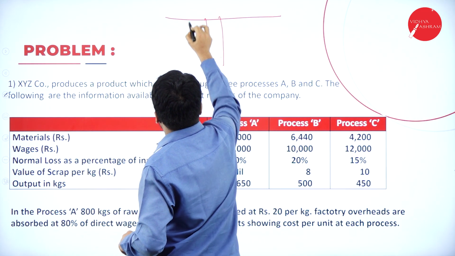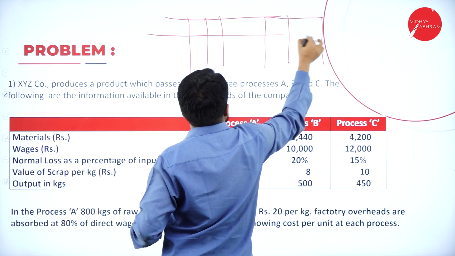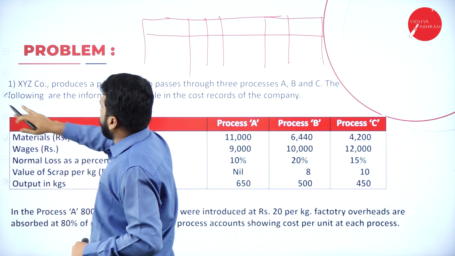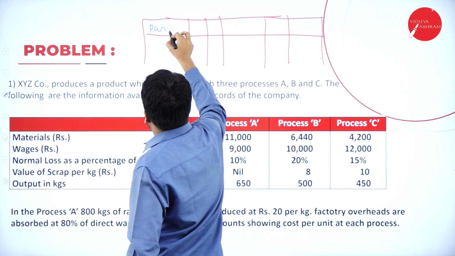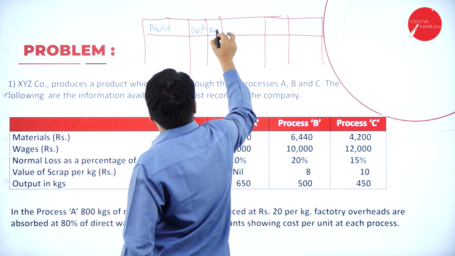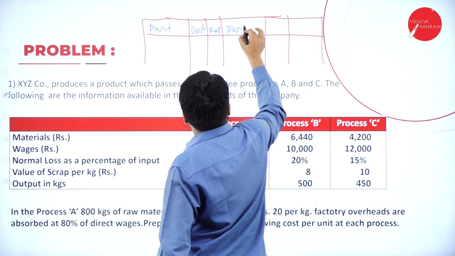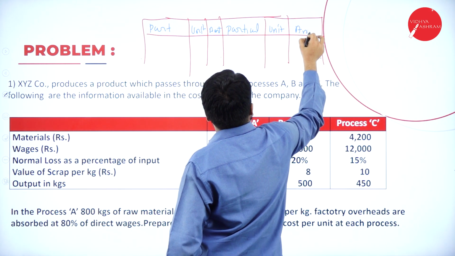There will be two columns. In the column, the first thing will be particulars, unit, amount.